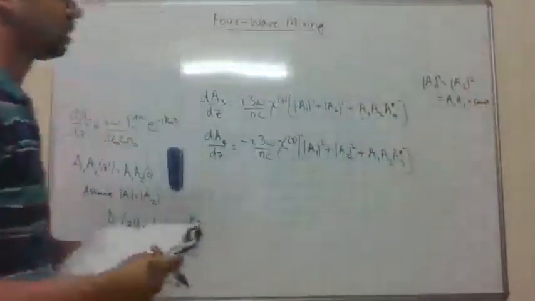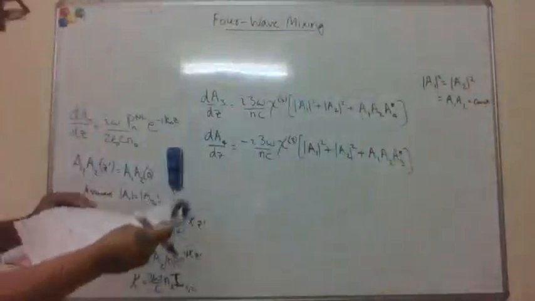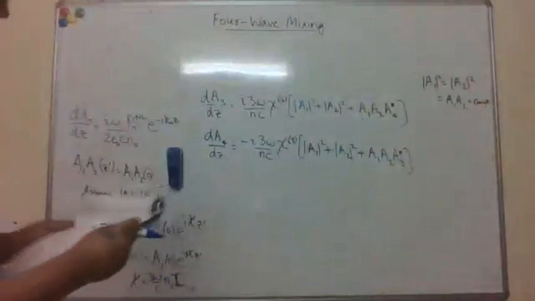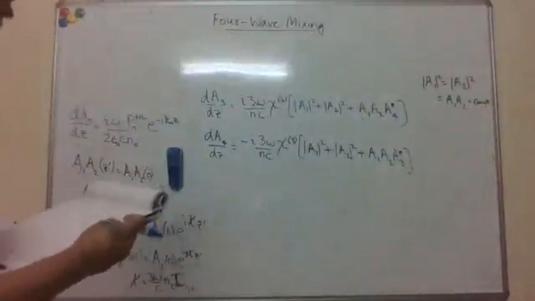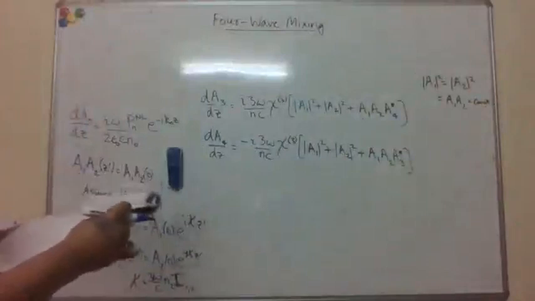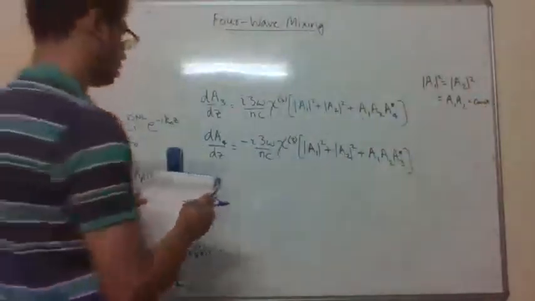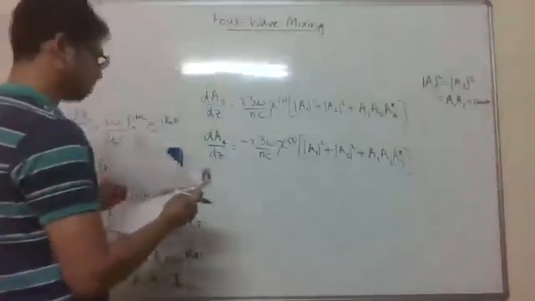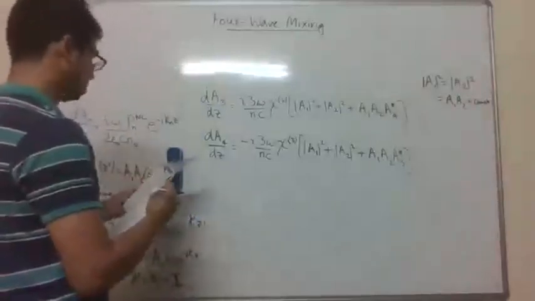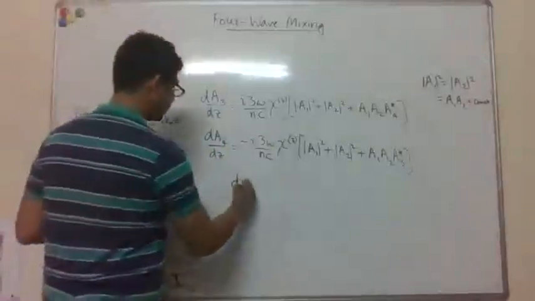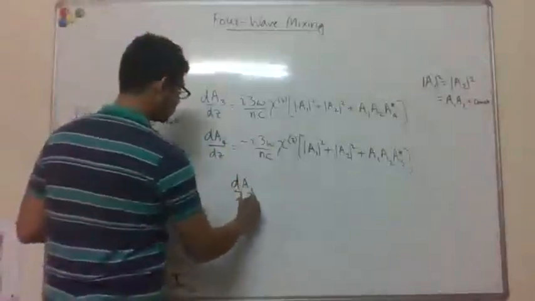The input intensity, right? So basically, I can rewrite the equations like this.